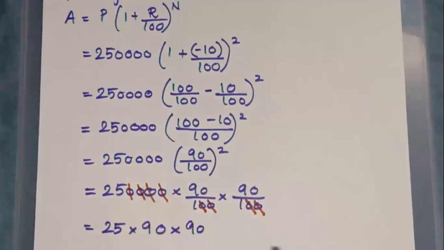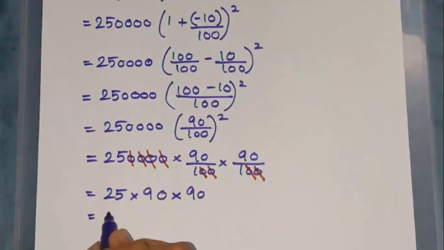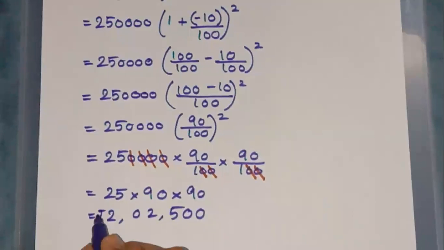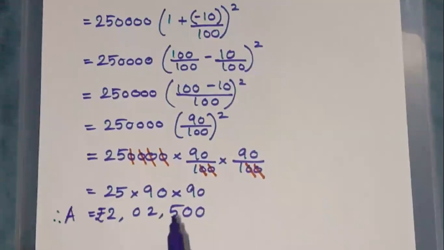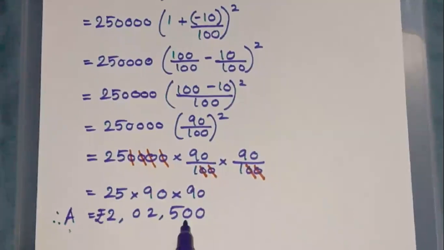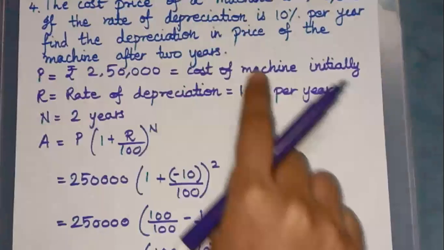After multiplying girls, you are going to get your answer as 2,02,500. This is going to be your amount. Therefore your amount is equal to rupees 2,02,500.